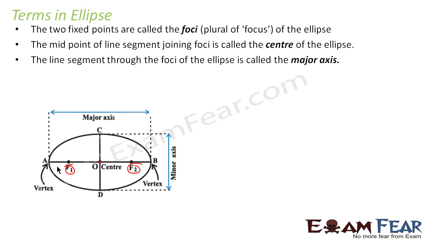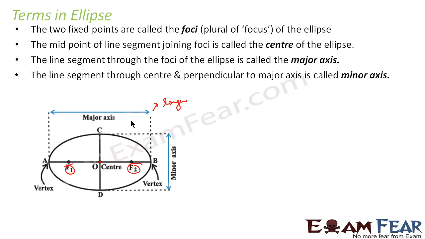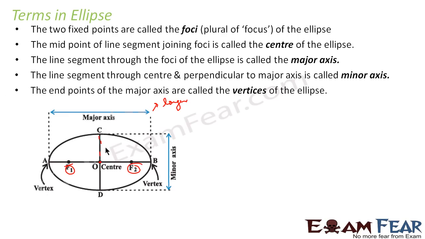The line segment joining the foci of the ellipse is called major axis. This is the major axis and this is always the longer one. The line segment perpendicular to the major axis and passing through the center is called minor axis. This is the minor axis. And the end points of the major axis are called vertices. Please note, these are the end points of the major axis, not the minor axis. We don't have any name for C and D, but for A and B we have the name vertices.